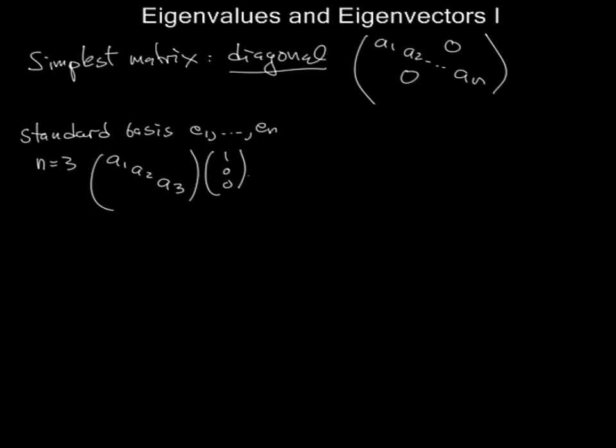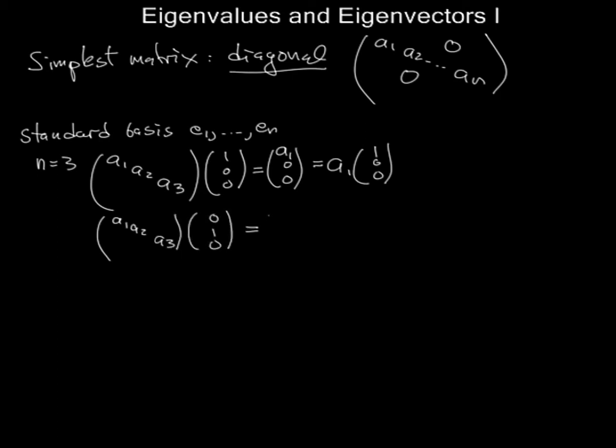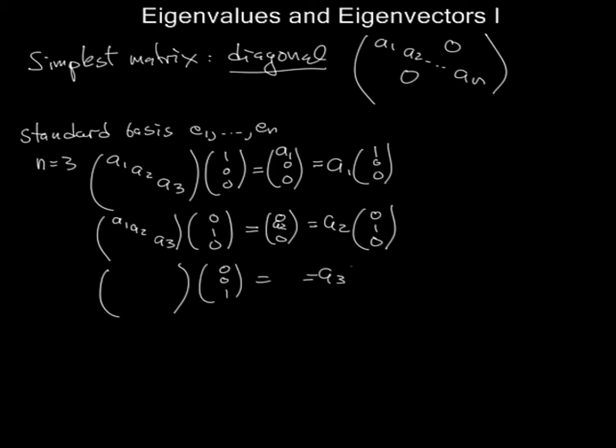This diagonal matrix takes the vector (1, 0, 0) to (a1, 0, 0), and that's a1 times the vector itself. Similarly, it's taking (0, 1, 0) to (0, a2, 0), which is a2 times (0, 1, 0). And finally, it's taking (0, 0, 1) to a3 times (0, 0, 1).